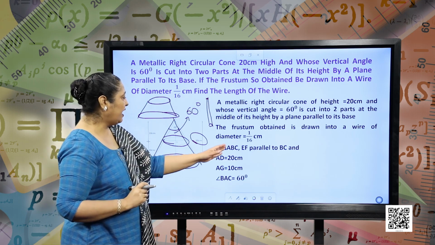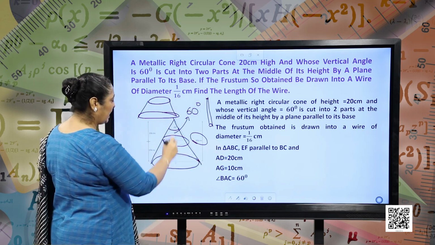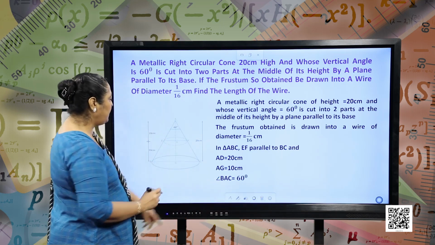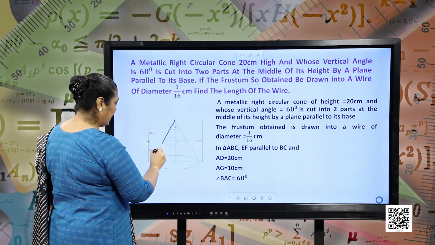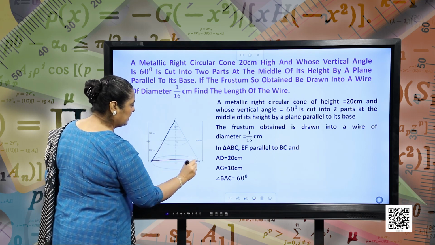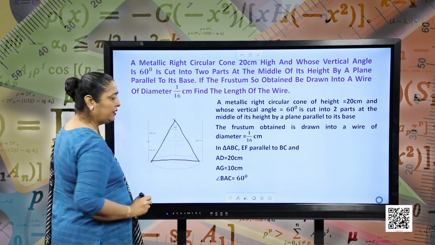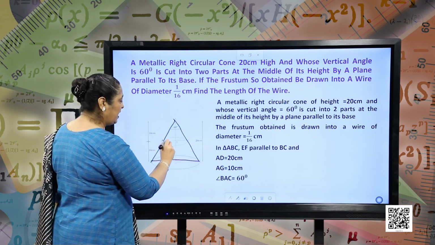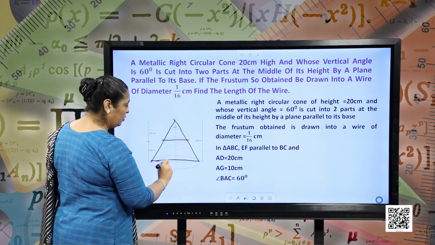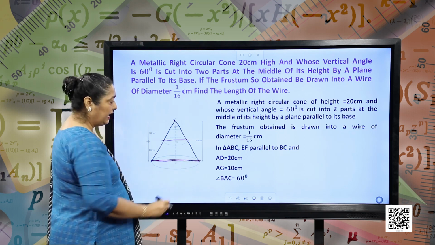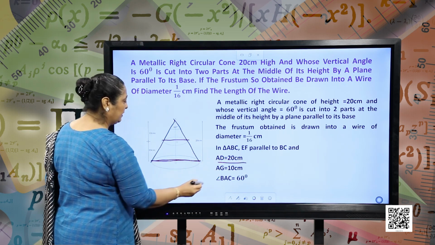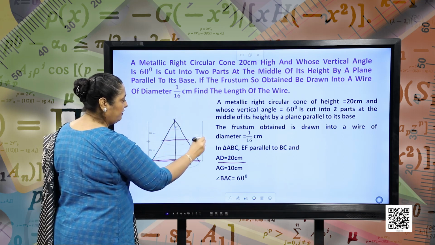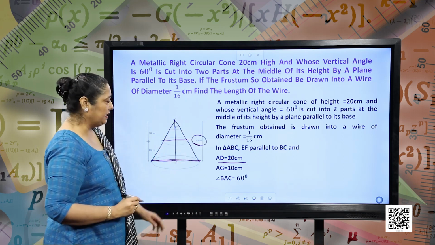So, in triangle ABC, let us calculate, I will just delete this all. In triangle ABC, see ABC, this is a triangle formed, right, where EF is parallel to BC. Then AD is 20 centimeter, it is given that AD, this height, is 20 centimeter.